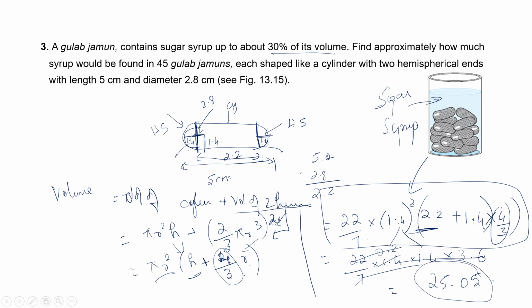So why are we finding out the volume? See, because we have to find, one jamun contains sugar syrup up to 30% of its volume. Only one jamun has this much sugar syrup. Approximately we have to make 45 jamuns. Okay, how much syrup would be found? If you have to dip 45 jamuns, how much syrup should be found?